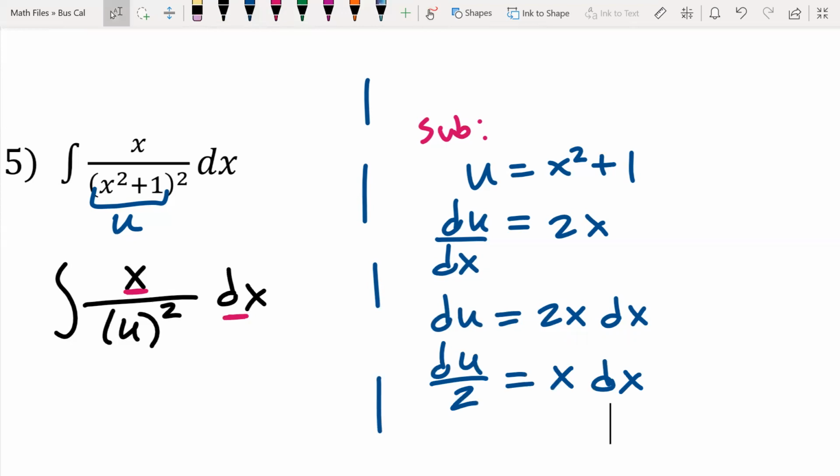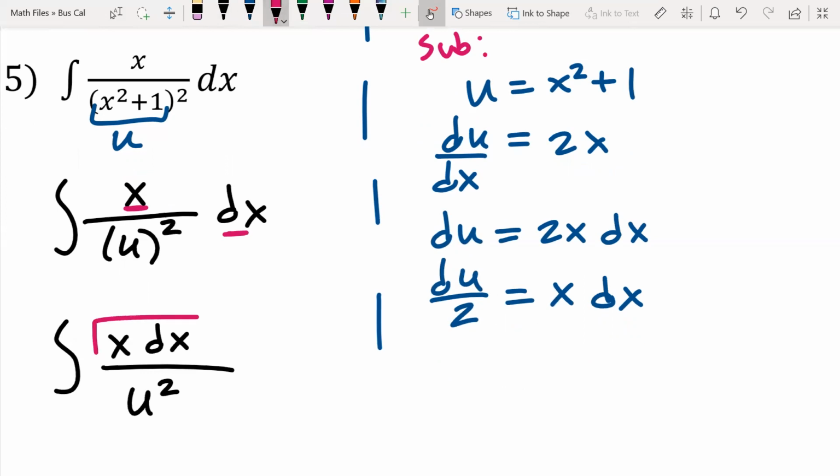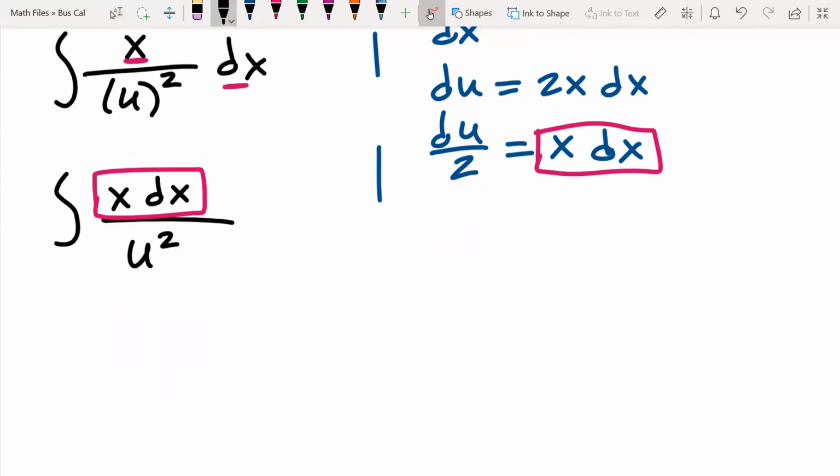Then I can even rewrite this integral before I make any more substitutions. I'm going to rewrite it as x dx over u squared. And now there's our x dx. That x dx becomes du over 2.